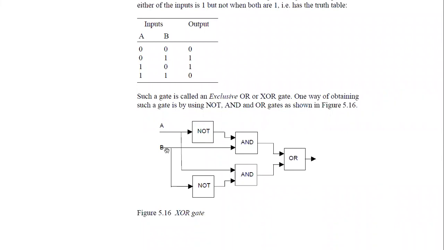For the B input, the same process repeats itself. So one of the ways to have an exclusive OR output is by taking it through a NOT gate, that is the inverse, and then the AND gate and also the OR gate. You can draw that, and then we can proceed to the next step.